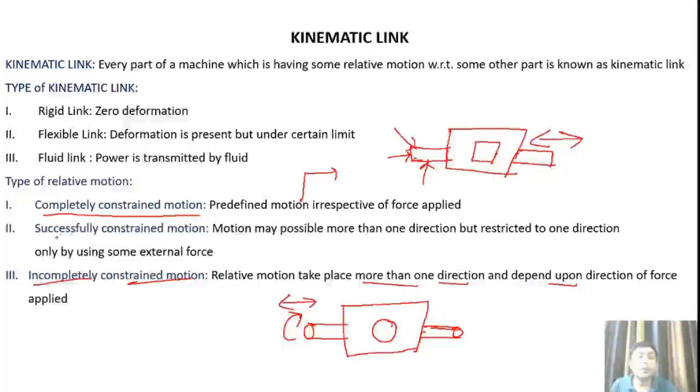Now the third type is successfully constrained motion. It means motion is possible in more than one direction, but is restricted to one direction by using some external force.